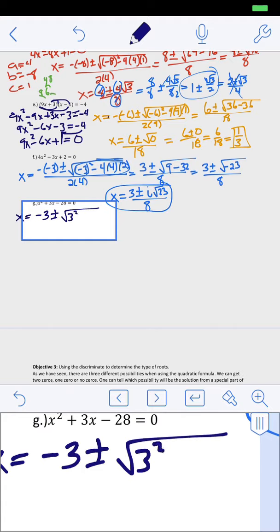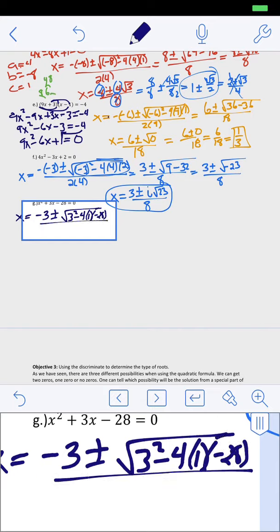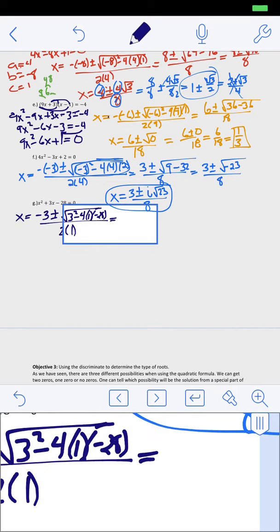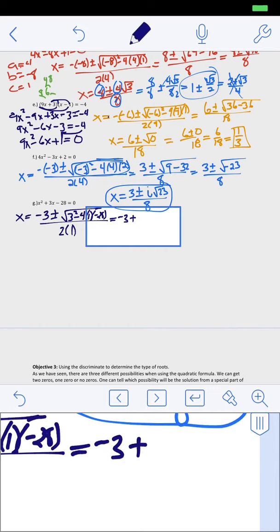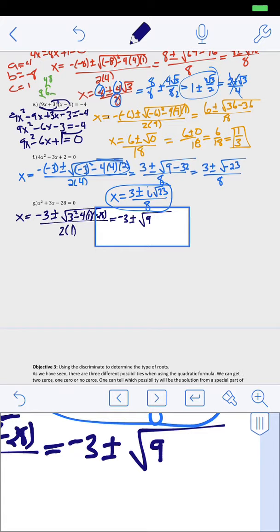So 3 squared minus 4 times, let's see, a is 1, c is -28, all over 2 times 1, equal to minus 3 plus or minus the square root of 3 squared is 9, 4 times 28 is 112. So minus 112 over 2.